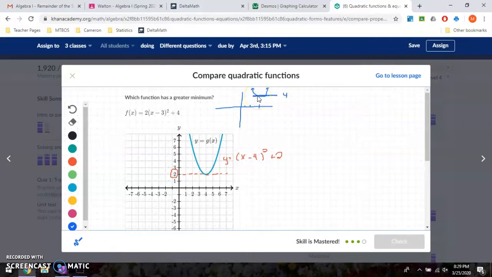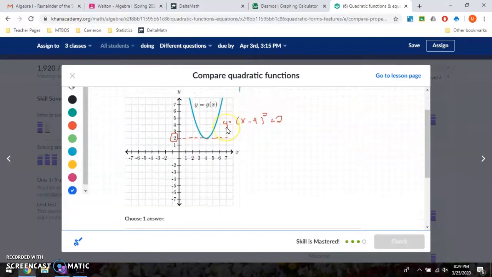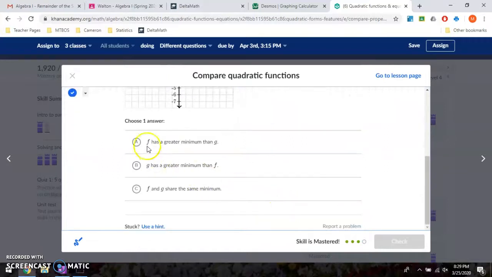That is its minimum value. So which function is higher off the x-axis? Which one has the greater minimum? This one went up by 2, this one went up by 4. So f of x has the greater minimum.